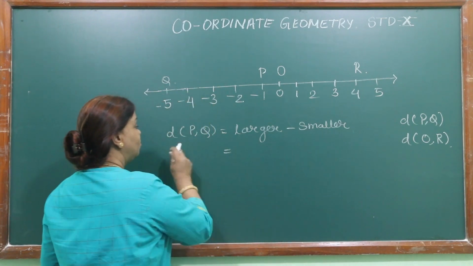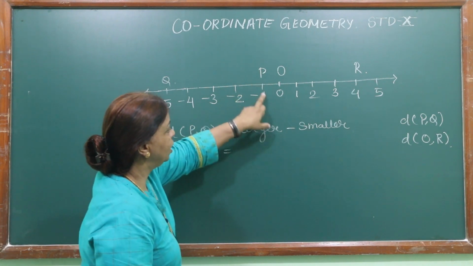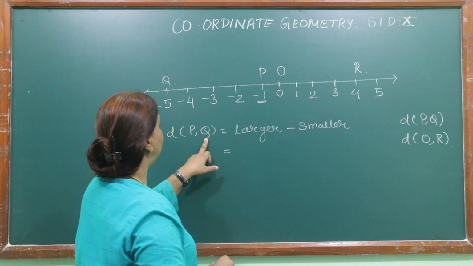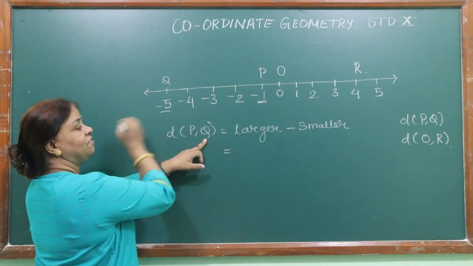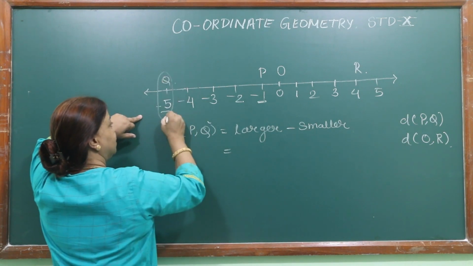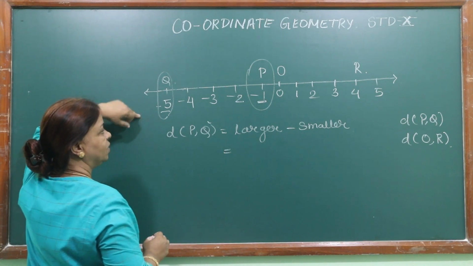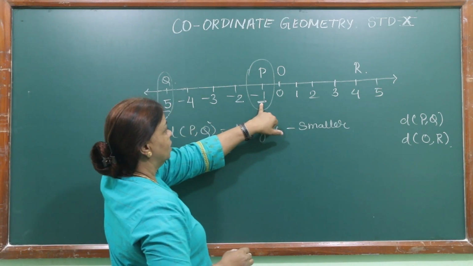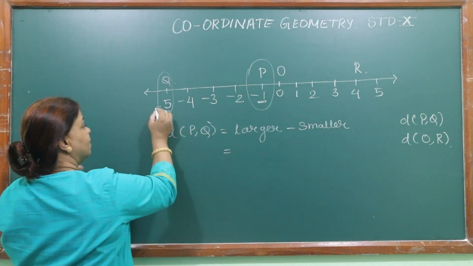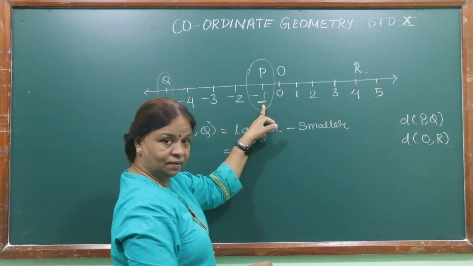Now let us go for the coordinate of point P. The coordinate of point P is -1 and coordinate of point Q is -5. Now these are the two numbers which we have located on the number line as per your 9th standard textbook. So here the number which has larger value is -1 or -5? Of course, you must be knowing, children, it is -1.